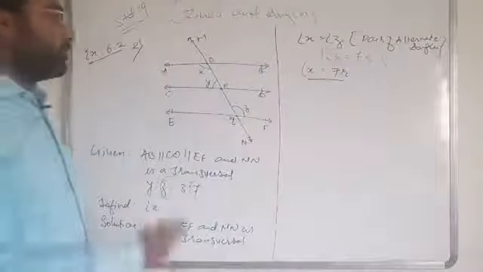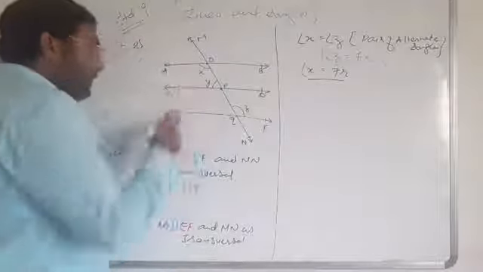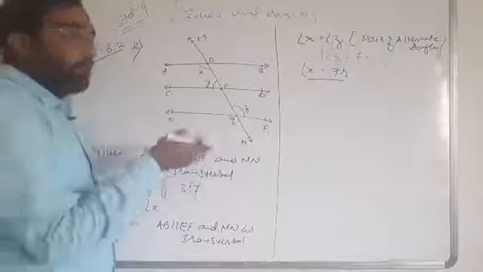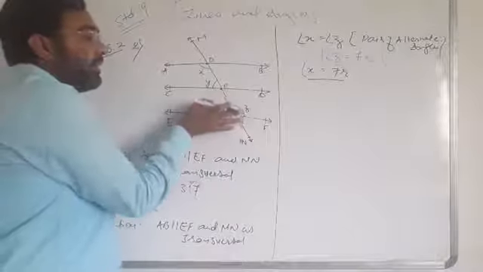Now we have to take AB parallel to CD. In the second step, remove line EF.